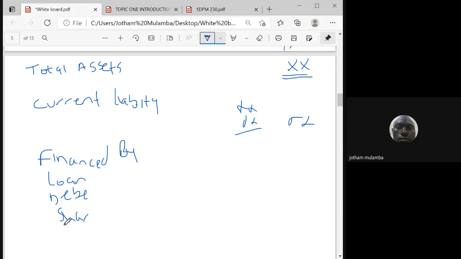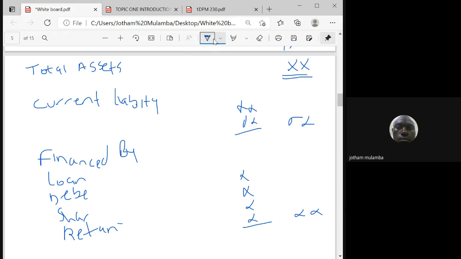We have retained profit, the profit that we made from the income statement, and all that. So we'll also record all these particular parameters, and then we add to get the figure here.